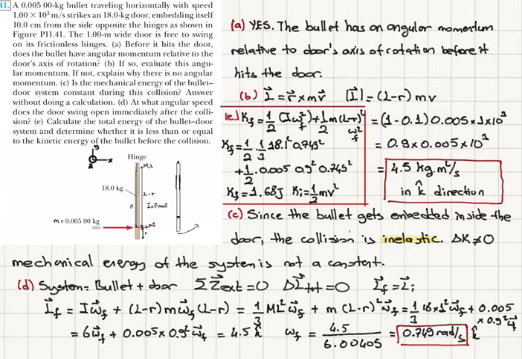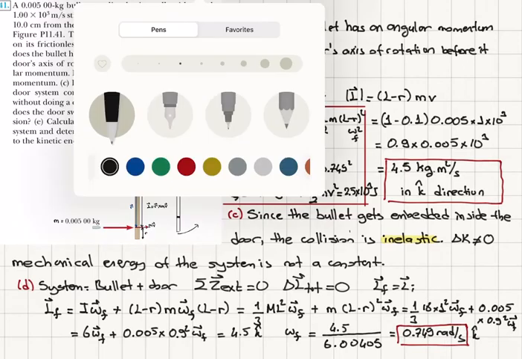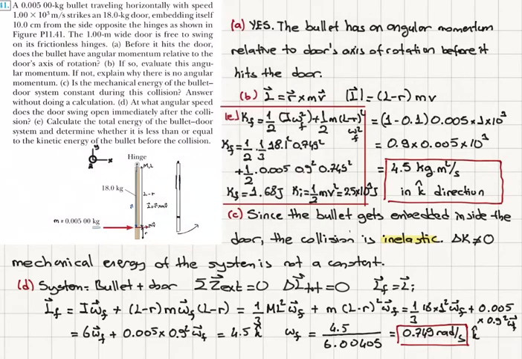The final kinetic energy I calculate here to be 1.68 joules. The initial kinetic energy, on the other hand, is 1 over 2 mass of the bullet, its velocity squared, and if you calculate this, it's 1 over 2 times 0.005 times 10 to the 6. This is going to give me 2.5 times 10 to the 3 joules.